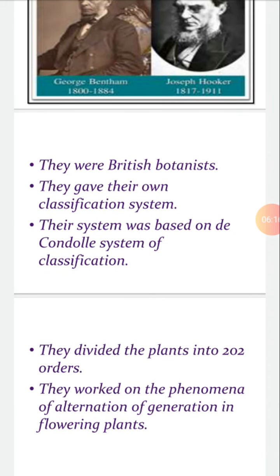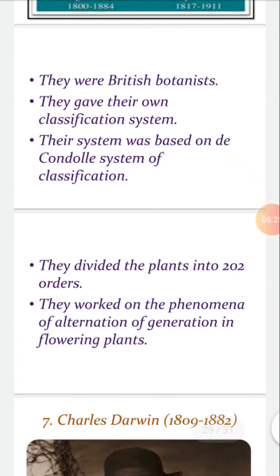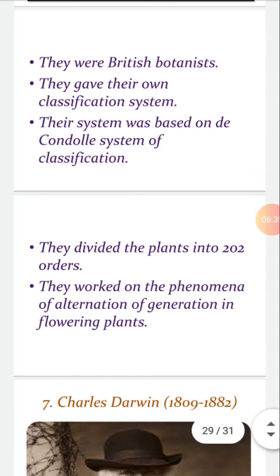They divided the plants into 202 orders, and they worked on the phenomenon of alternation of generation in flowering plants. You know what is alternation of generation? That in plants there are two generations. One is gametophyte, gamete producing, and second one is sporophyte, spore producing. So they regularly alternate with each other.